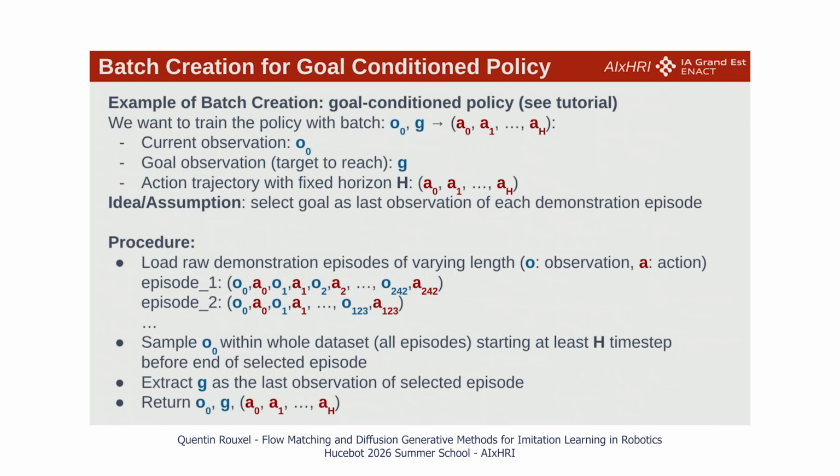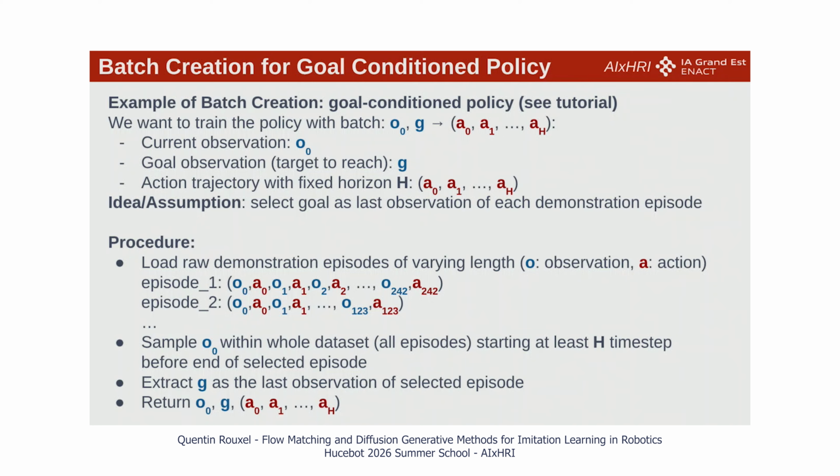How you select the goal you want to extract to build a goal conditioned policy is one of the very important design choices. There are many options, of course. One of the simplest assumptions you can make is, okay, in the demonstration I have, the last observation in the data is always the goal. This is the easiest thing we can do, and this is what we have applied in the tutorials today.